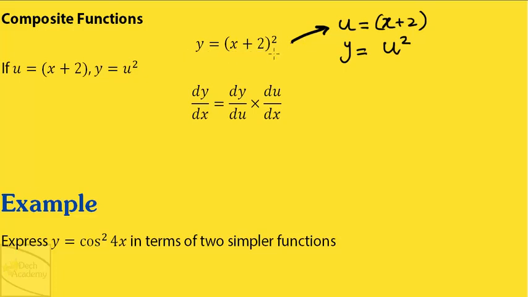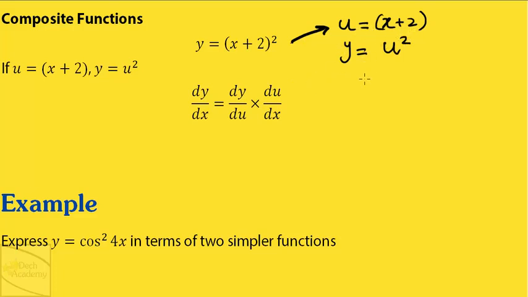If you wanted to differentiate it, one way would be to expand it, which is laborious. A simpler approach is to break it down into two simpler functions. Then to find the derivative of y with respect to x, dy/dx, you just find the derivative of y with respect to u, and multiply the result by the derivative of u with respect to x.